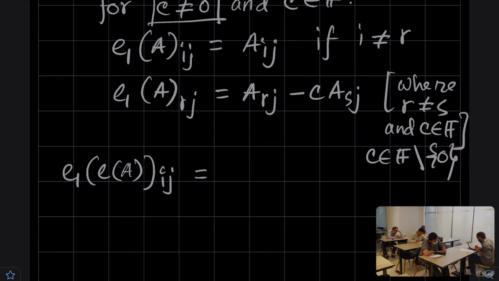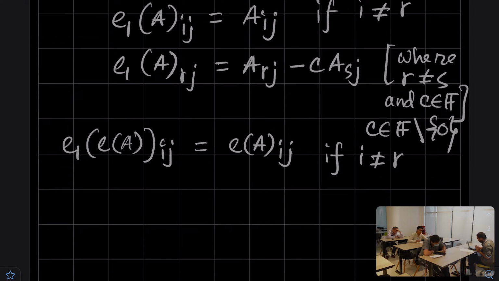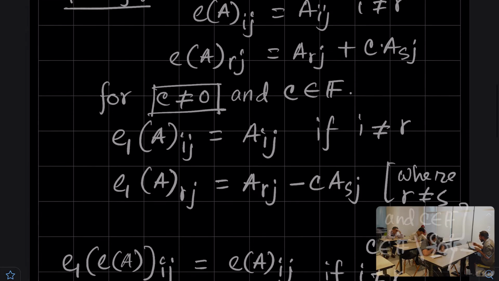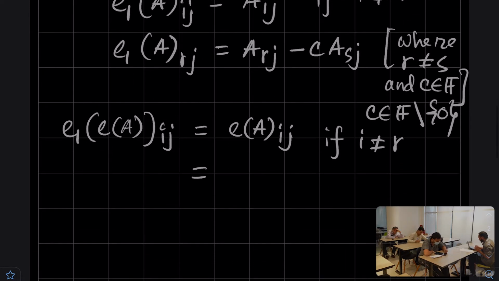This will be E of Aij if i is not equals to r, and E of Aij is equals to Aij, as given in the definition, so this is equals to Aij.